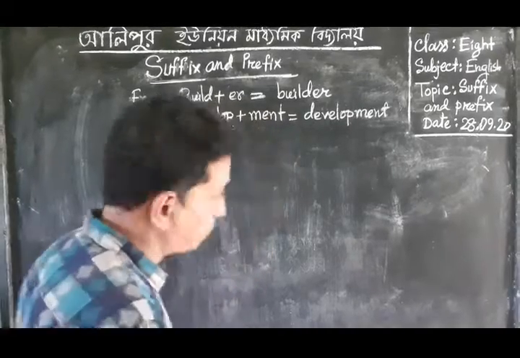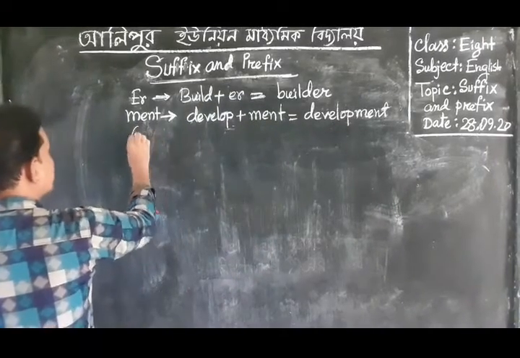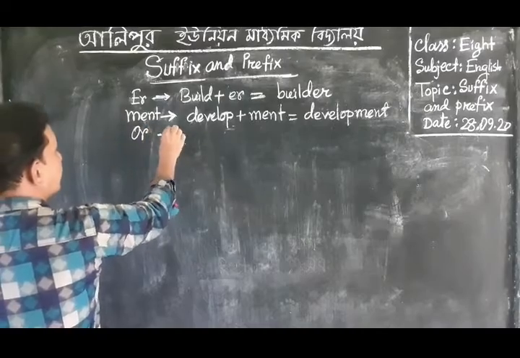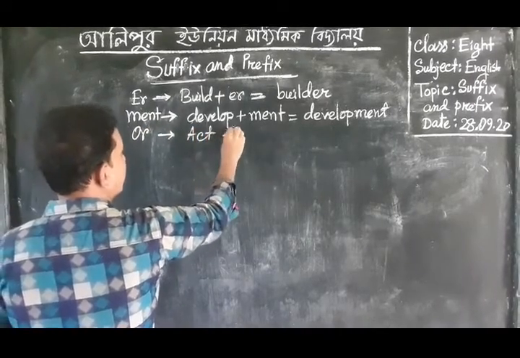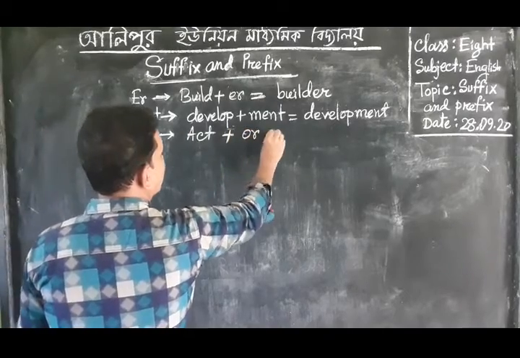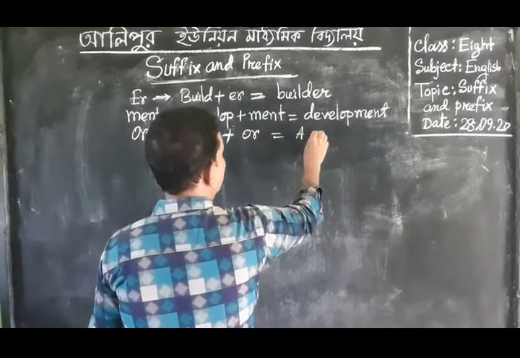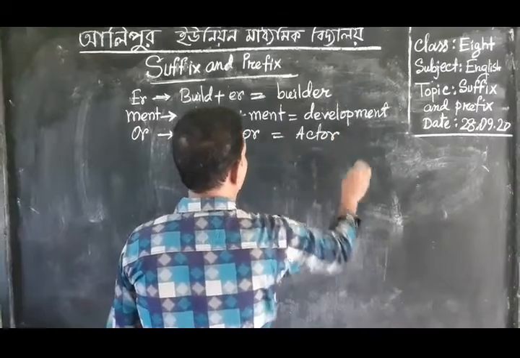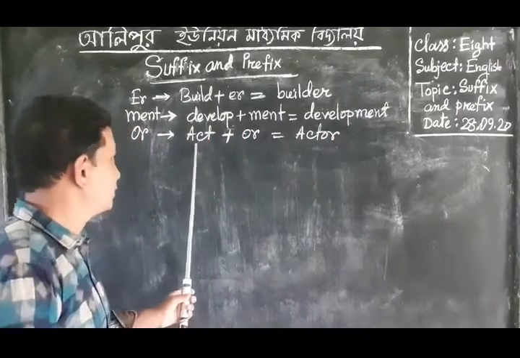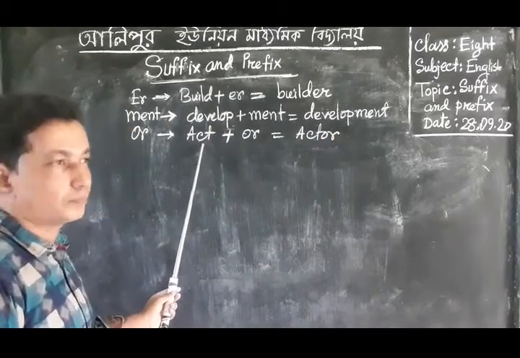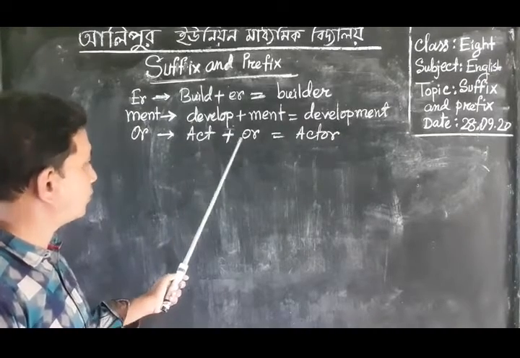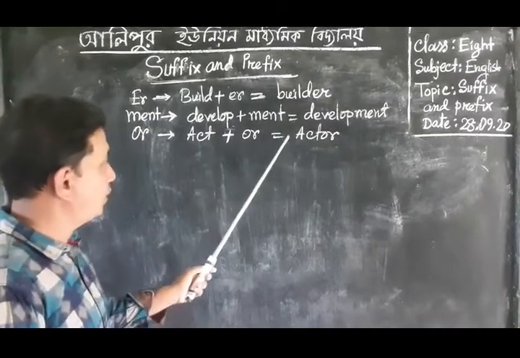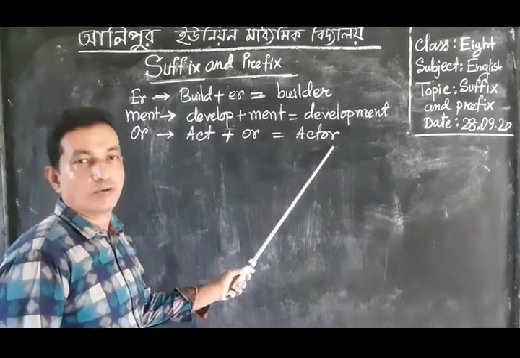Next, "-or", such as act. Act is a verb, and after the verb we have added "-or" at the end, and our new word is actor.